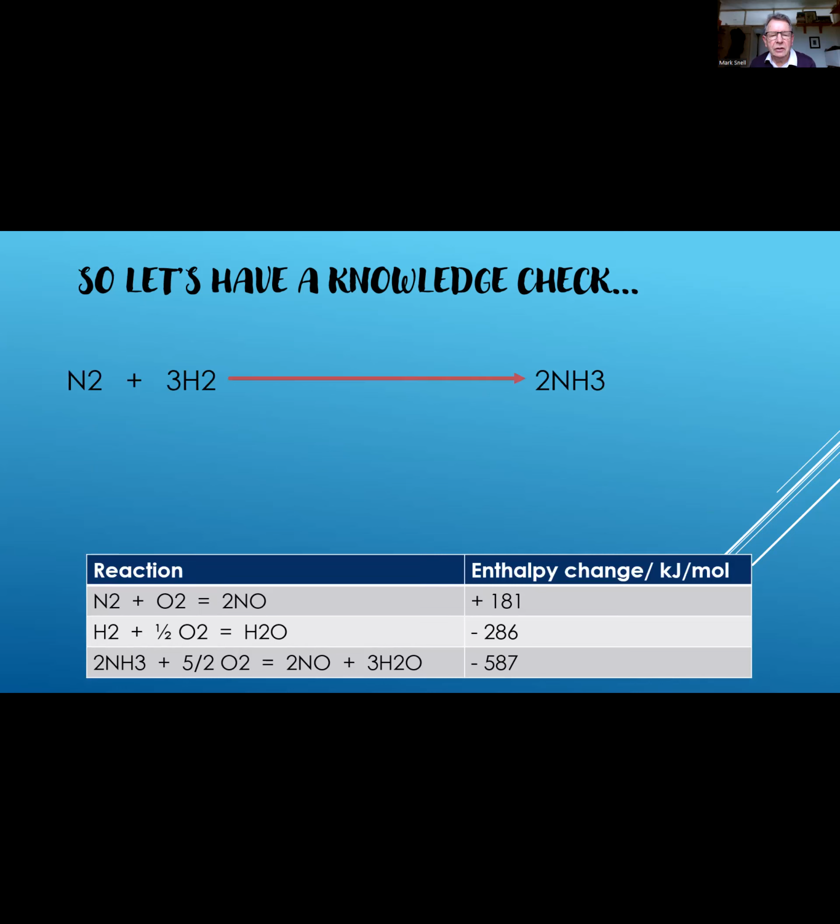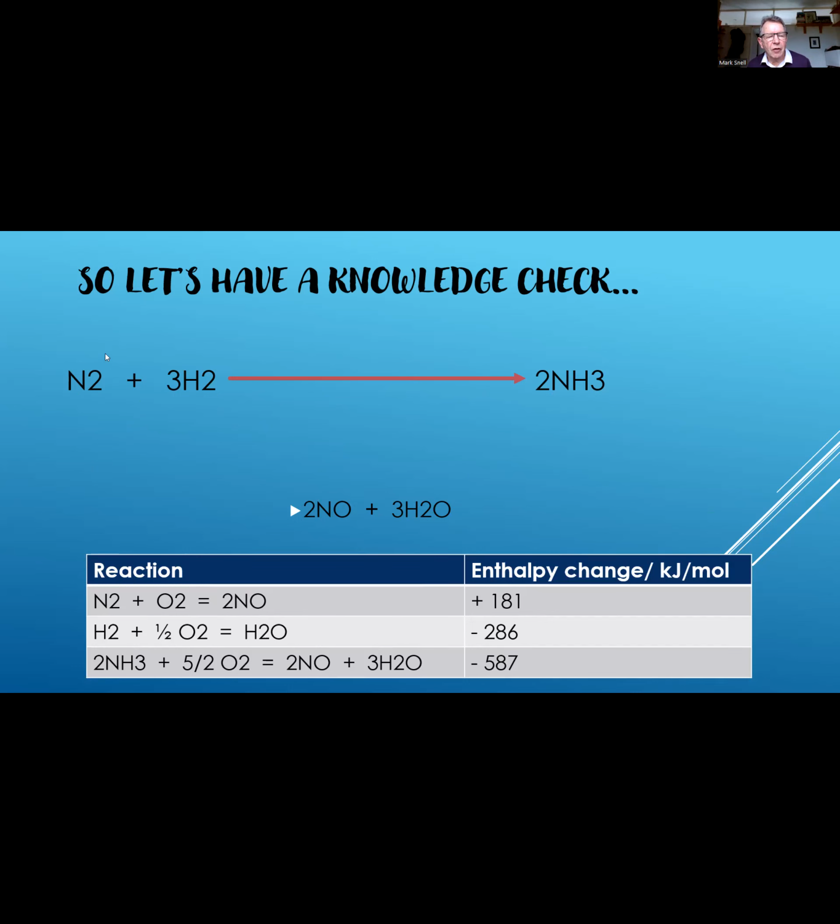So I'm telling you that the thing at the bottom is 2NO and 3 waters. If you want to start constructing it from there, I want to know what this is up here, the red arrow. So if we think Nairobi, Mombasa, Malindi, you can put these numbers like 181 will be for nitrogen and oxygen to make 2NO.